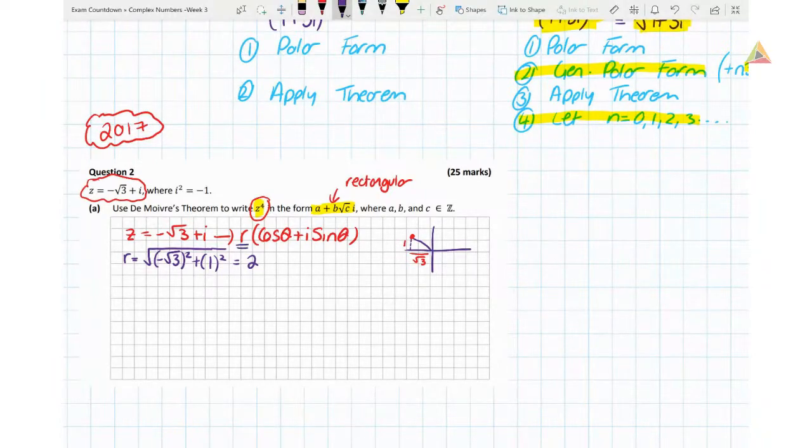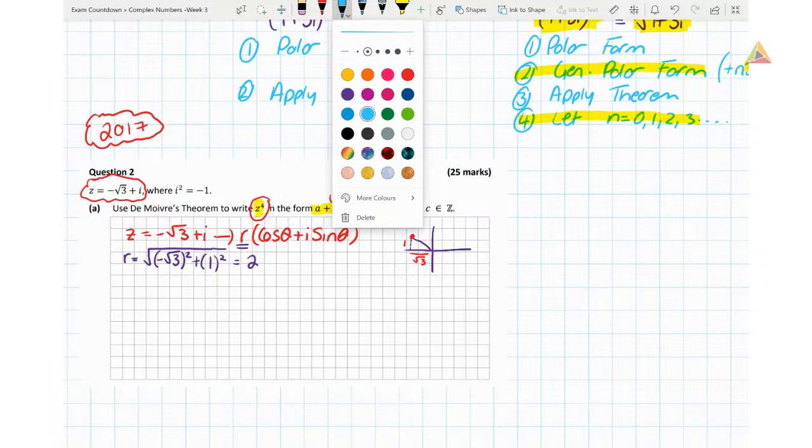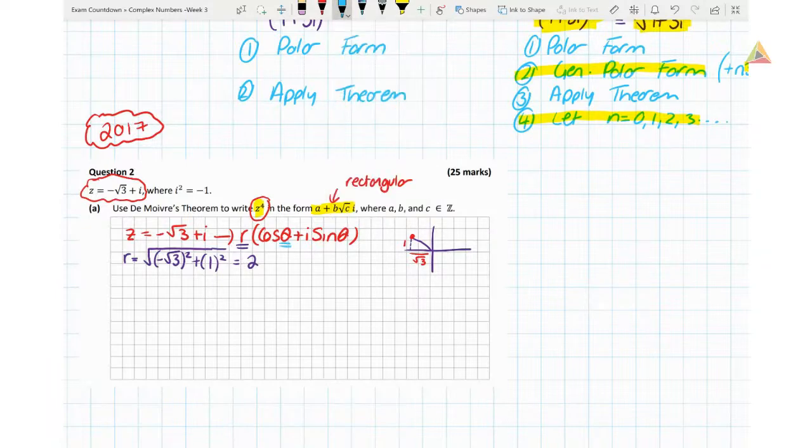So that's what I'm going to put in here for r. Next, for my theta, remember theta is my argument. And remember from the last day, it always comes from the positive sense of the real axis. So that there, anti-clockwise from the positive real axis, that's my theta.